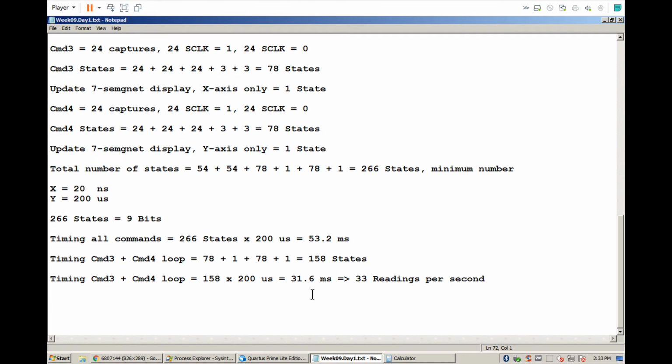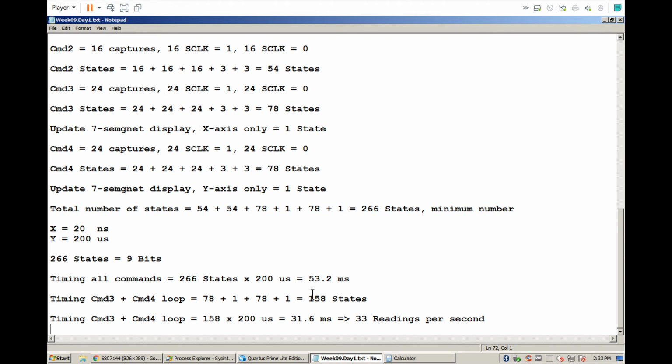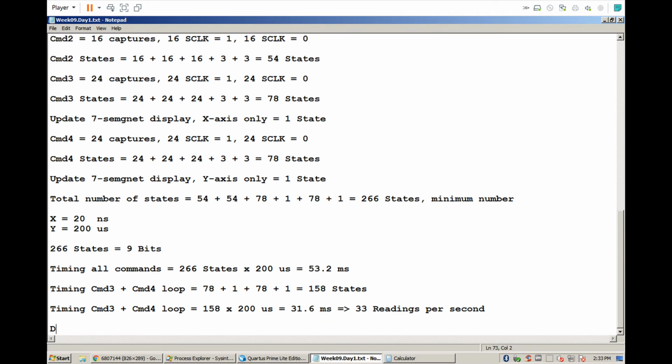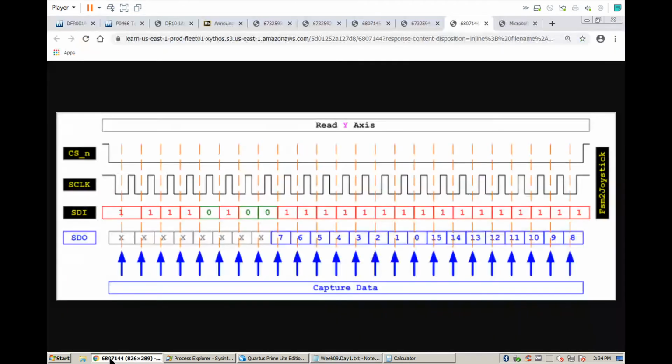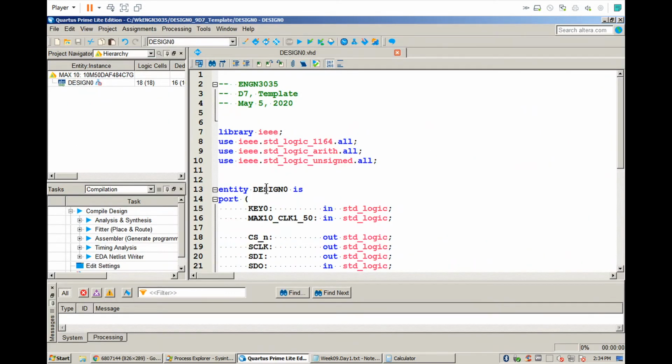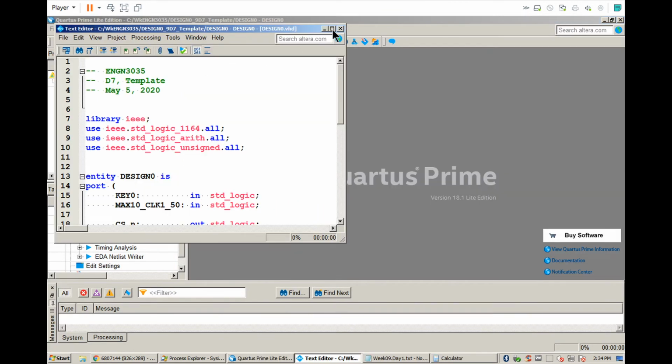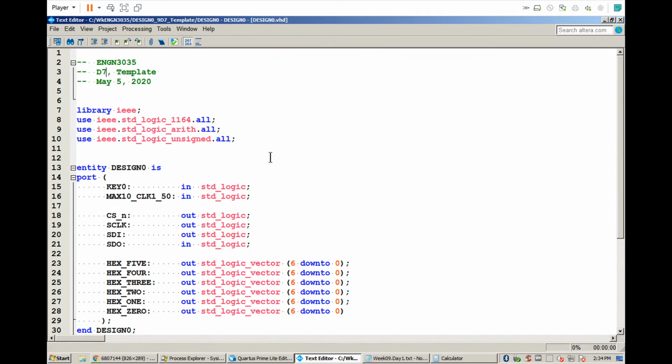All right, so let's look at the template for this assignment. The seventh template. This is the VHDL template, which I'm going to post on your page after this.